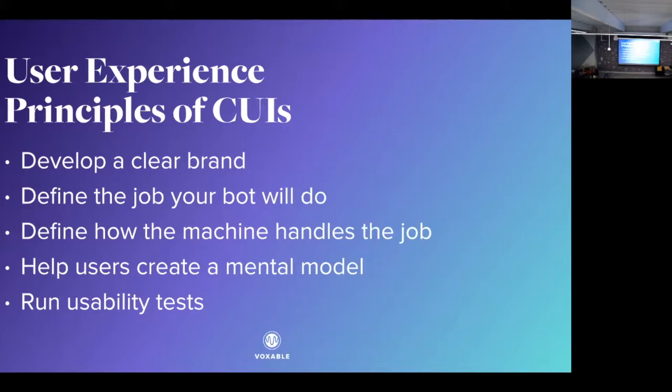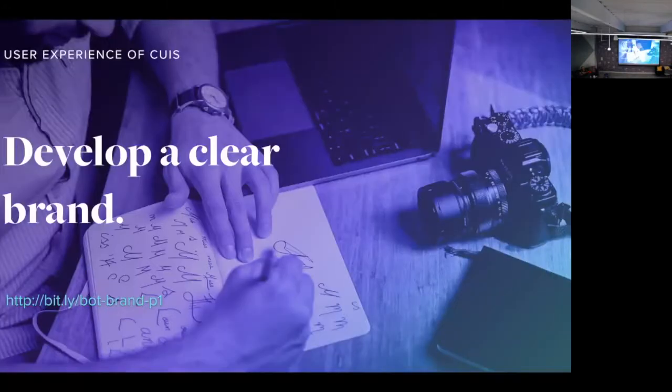Developing a clear brand. Let me just dive in because I'll go over them in detail. Developing a clear brand, like any product you build, needs a good brand foundation. Users want to know who you are and what you do and why you're doing it in order to build relationships with products, people, anything.